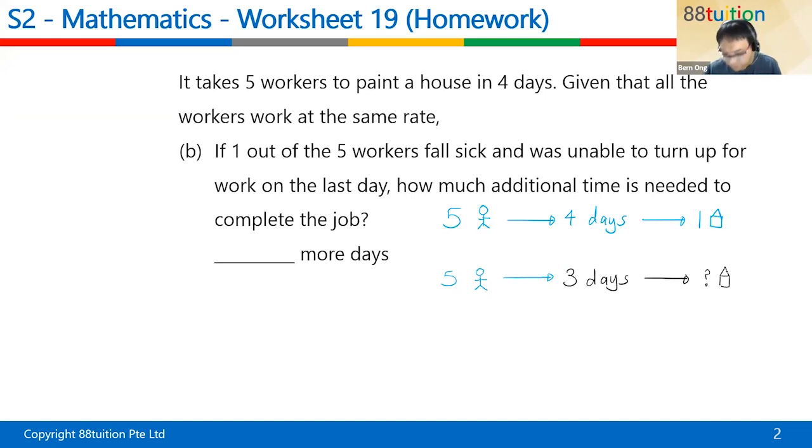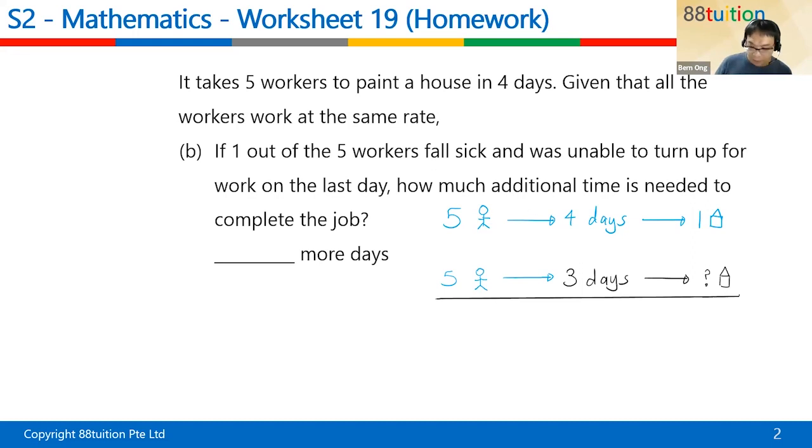That's my question here, because I want to see how much I need in order to complete the job. So I want to find out this 5 persons in the 3 days, because the 4th day never come yet. In the 3 days, how much work have they completed?